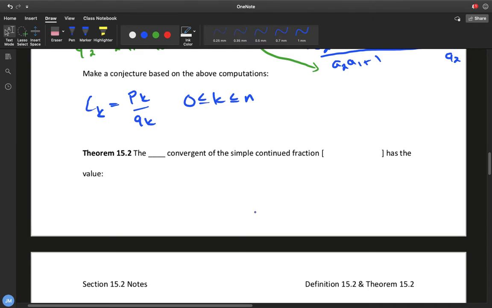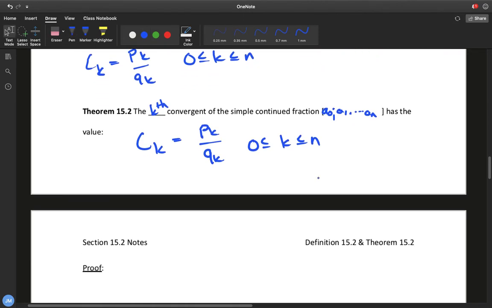It says that the kth convergent of the simple continued fraction of a sub 0 from a sub 1 all the way up to a sub n has the value of c sub k equal to p sub k over q sub k, with the same bound as above, being that k is between 0 and n inclusive.